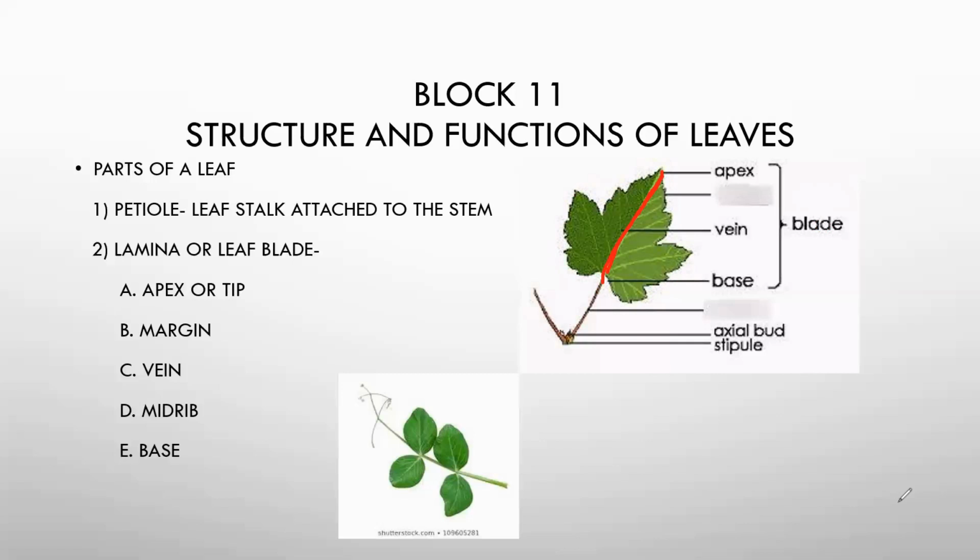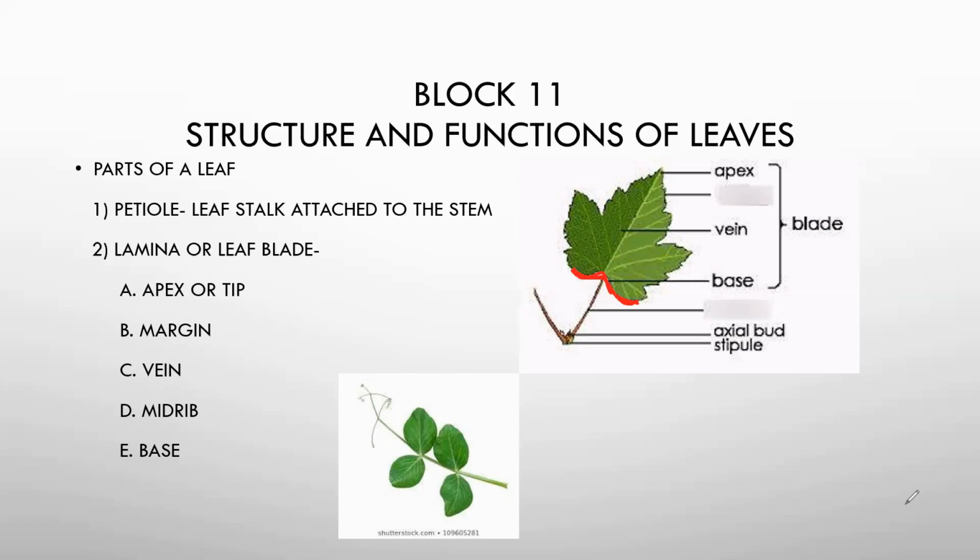That is the midrib. Now this midrib provides support to the leaf. Then you also have the base. The base is nothing but the opposite end of the apex. This is the base of the leaf.